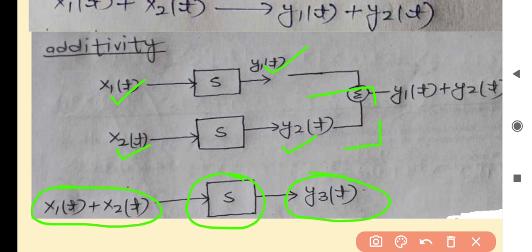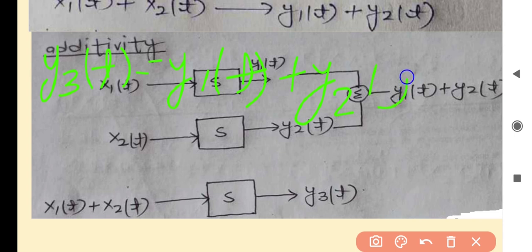Assume there is a case 1 and a case 2. If the output in the second case is equal to the output in the first case, meaning if y3(t) is equal to y1(t) plus y2(t), then we can say that this system is following the law of additivity.